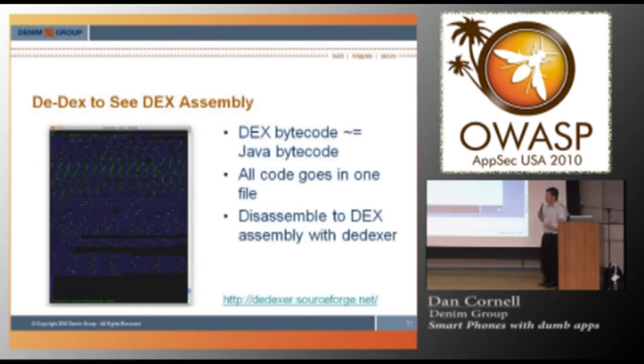So it's a pretty straightforward, easy process to take all that DEX bytecode and reverse it back into DEX assembly code. The nice thing about DEX assembly code is it's fairly easy to parse using something like grep. You can also, and we'll look at this, take the DEX code and turn it into a jar file, which you can then decompile back into Java.